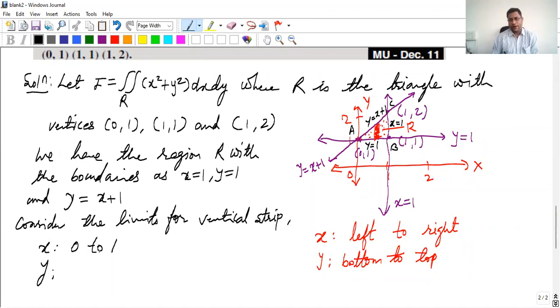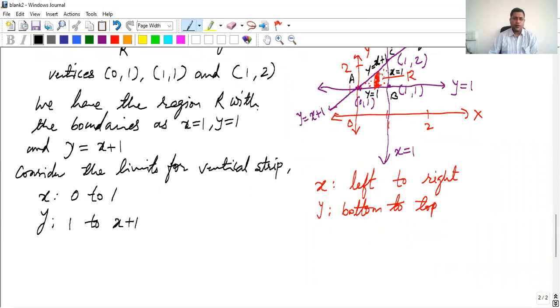Now we think of y. See this strip and see what is the lowest limit, or the bottom, of this strip. The bottom of this strip is the line y is equal to 1, so y is running from 1. Up to the top of this strip is y is equal to x plus 1, and that's why y will be running up to x plus 1.